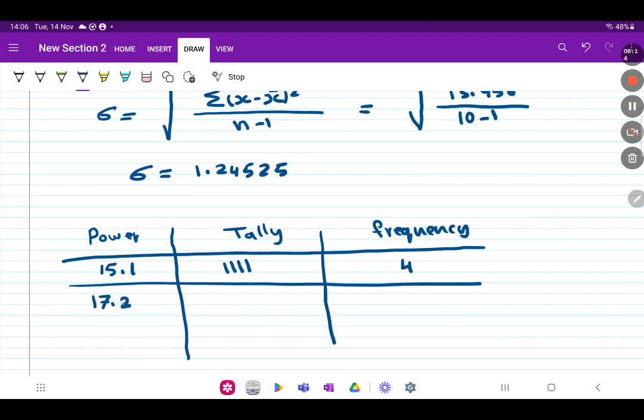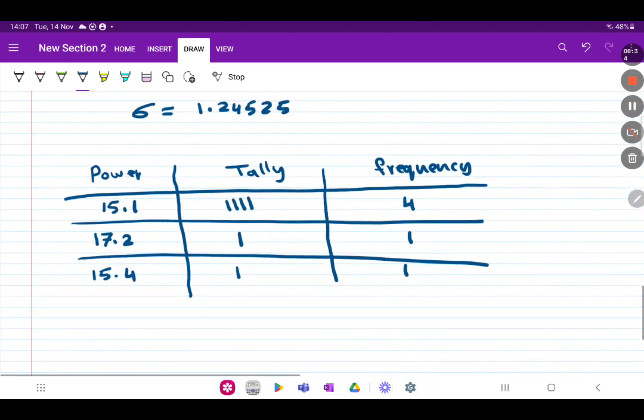How many 17.2 do we have? Just 1, and frequency 1. 15.4. Let's find out how many 15.4 we have. Just 1, and frequency is 1.